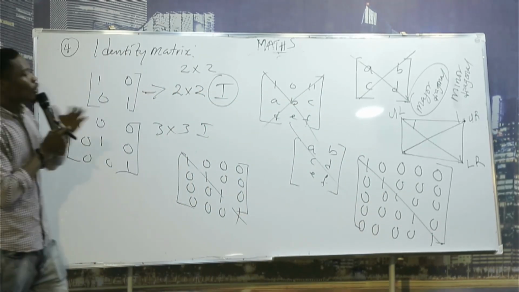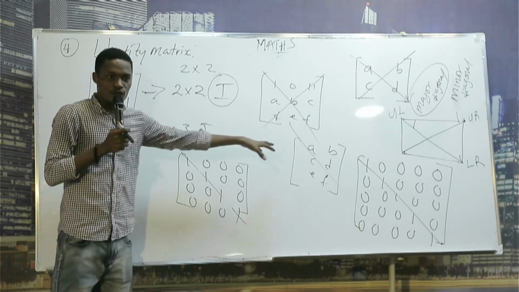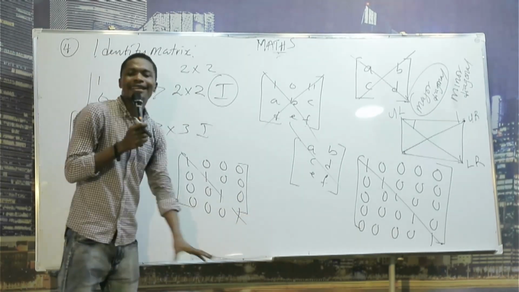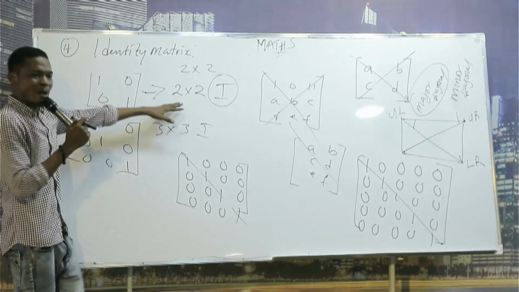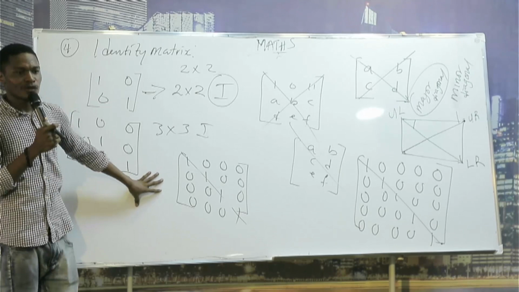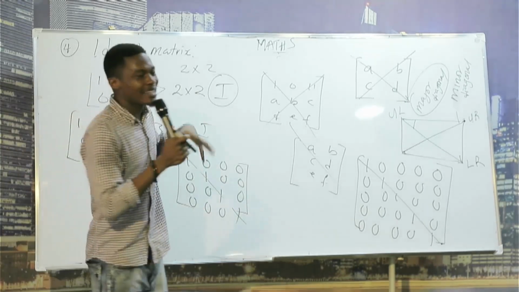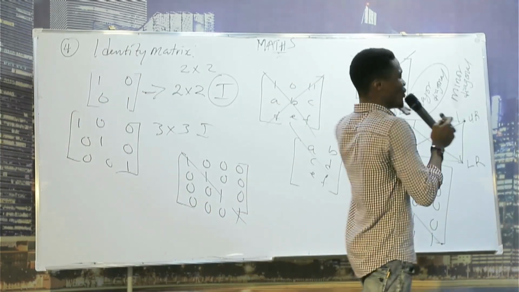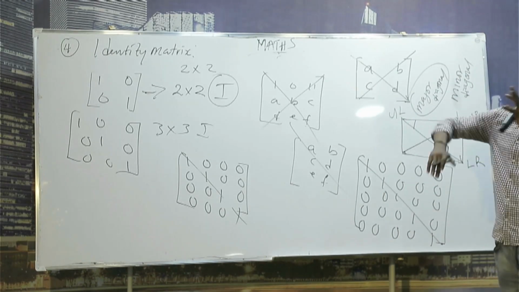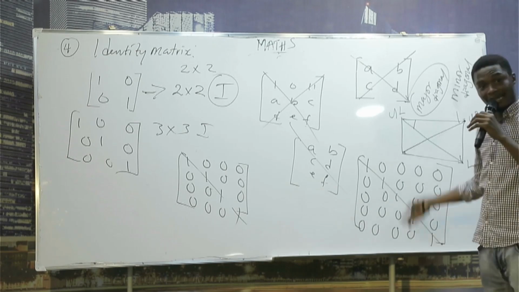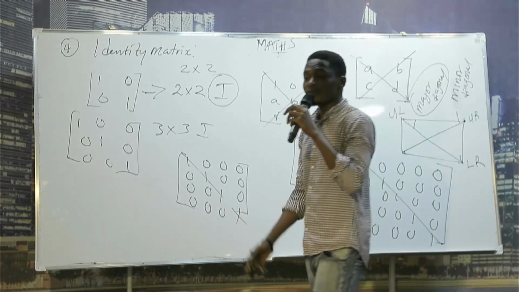But of course, going 5 by 5 will be too much for you. Even 4 by 4 is too much. So at this level, JAMB will just be playing with 2 by 2 and 3 by 3. But when you enter the field, when you start doing engineering, you will see large matrices, maybe 10 by 10, 20 by 20.